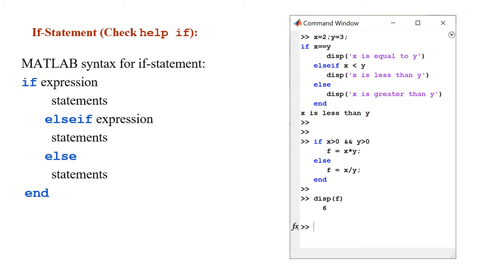It's true that both x and y are greater than 0, so we know for sure that f should be evaluated as x times y, which is 2 times 3, which is 6. So later on in the command window, I typed disp f just for MATLAB to display the value of f, which turns out to be 6 as expected.